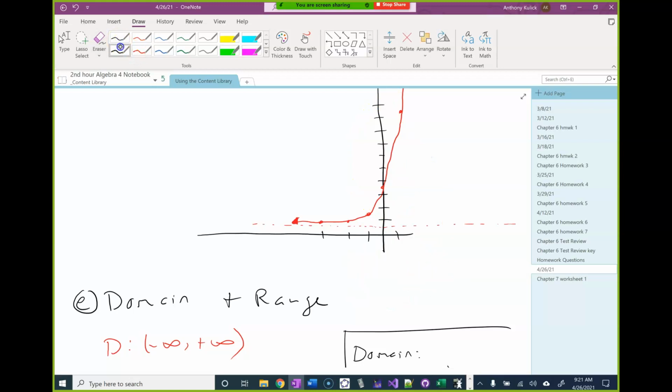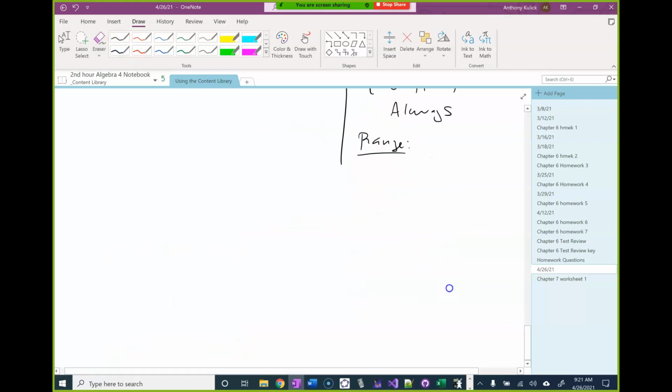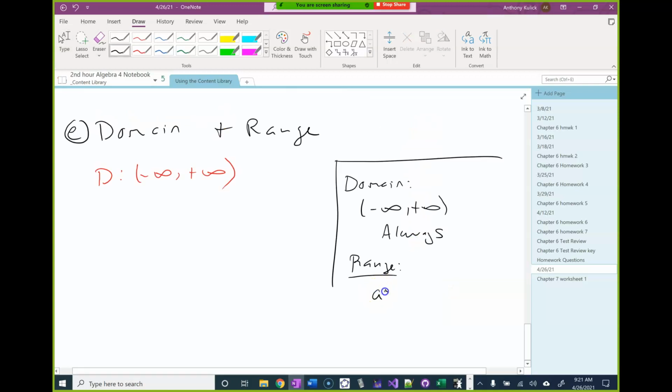So the way you can tell which side is which is by the A. So if A is positive, then we're going to go from the asymptote up to positive infinity. So that'll be the top of the asymptote.